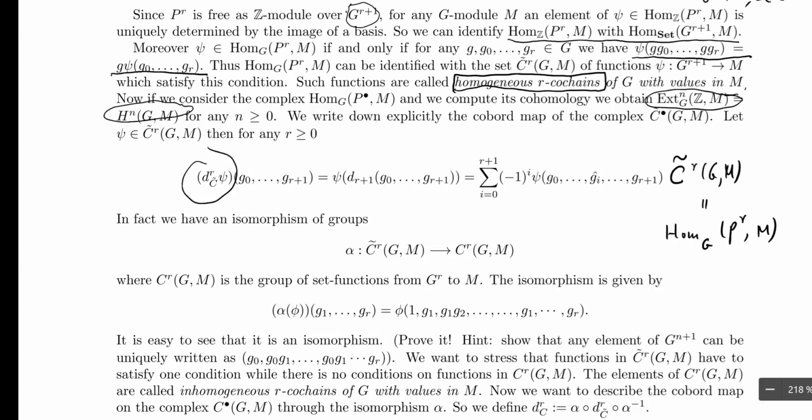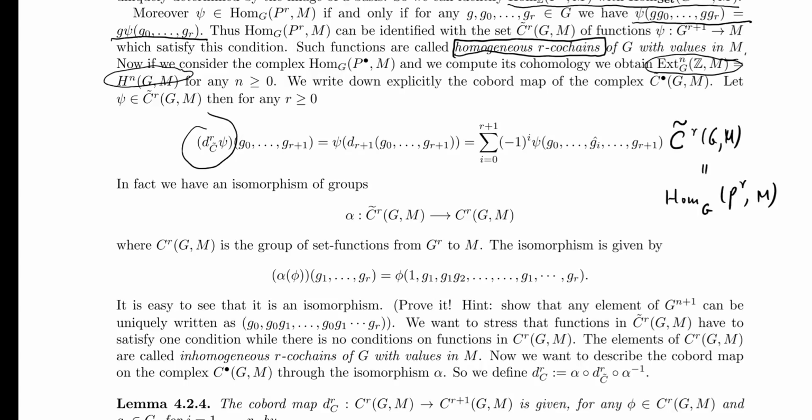So you have to write explicitly the differential, which is written exactly here. Of course, this differential is obtained by translating the differential we defined on P_R to P_(R-1). We just translate it by this relation.